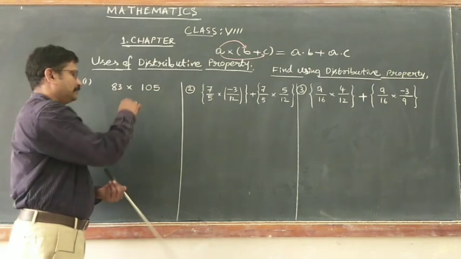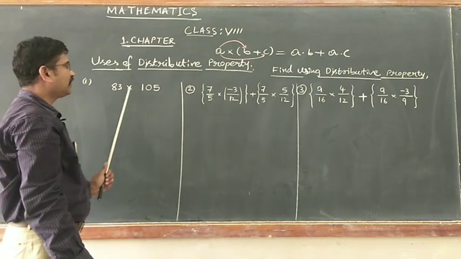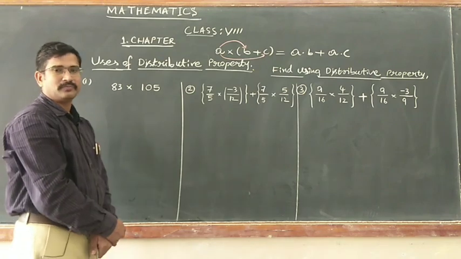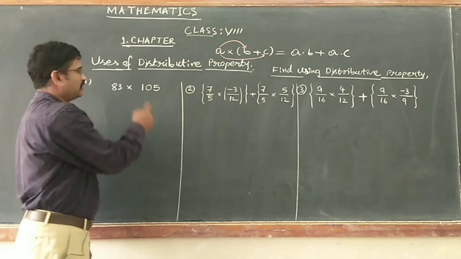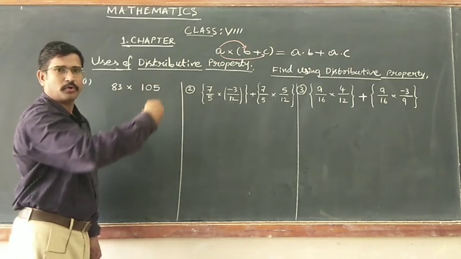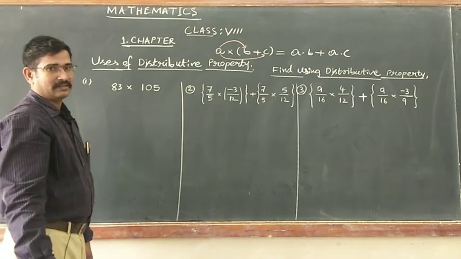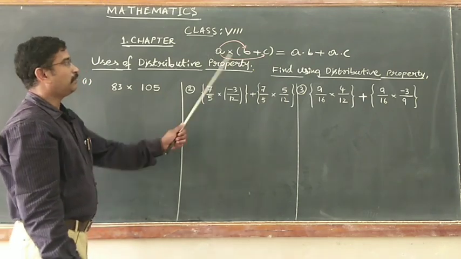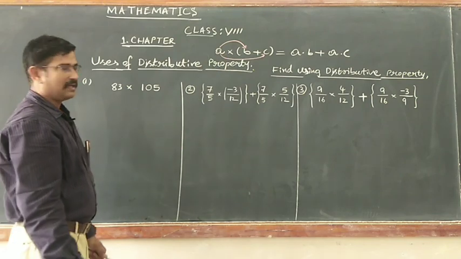First, here in this case, when we have got 83 multiplied to 105, you need to multiply this 83 with 105 with a process. You know how to multiply that. Easier than that, do we have anything? By using distributive property, that we will see.